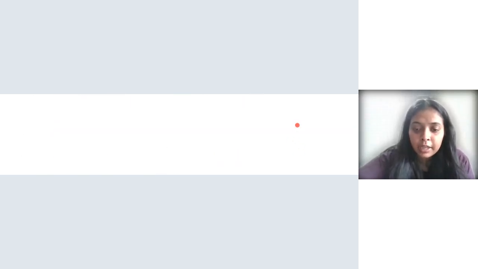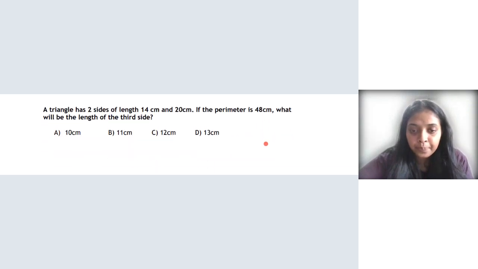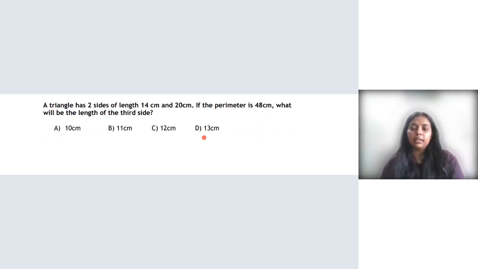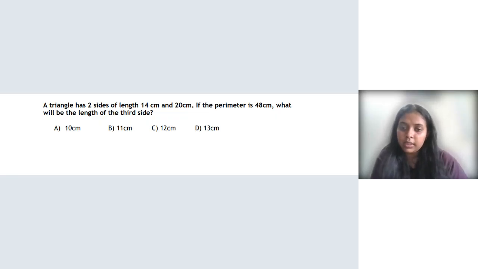Okay, let's try one more question. What's given? A triangle has two sides of length 14 centimeter and 20 centimeter. And the perimeter is 48 centimeter. What will be the length of the third side?